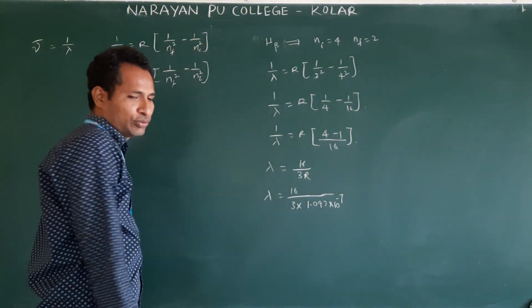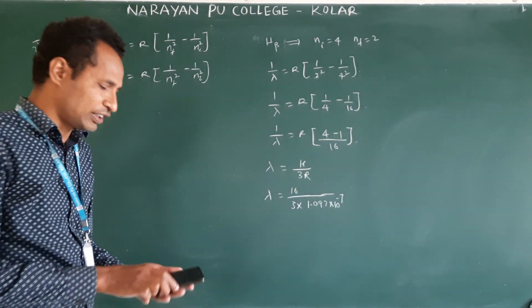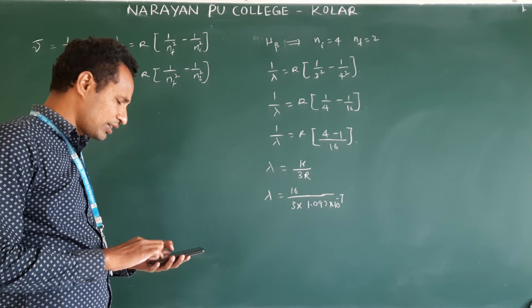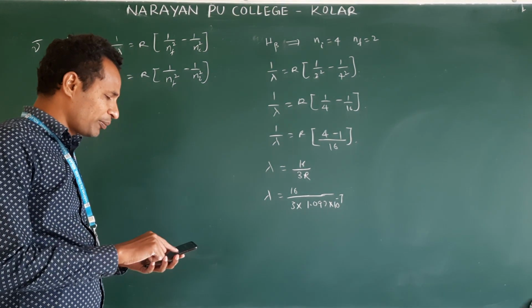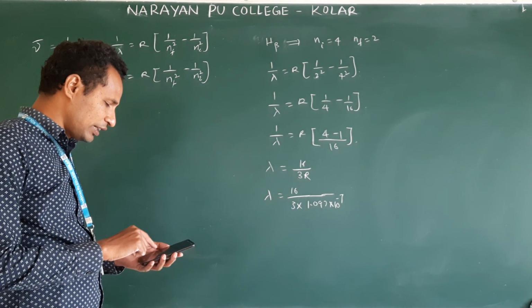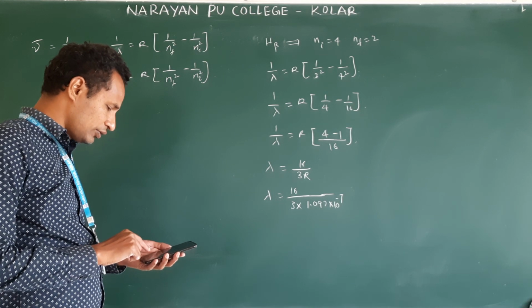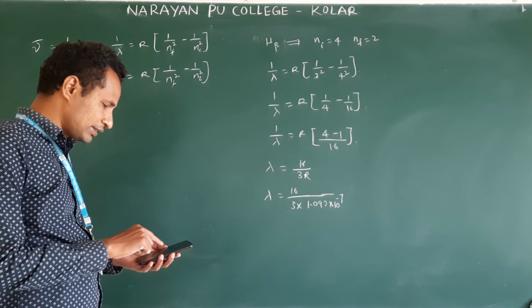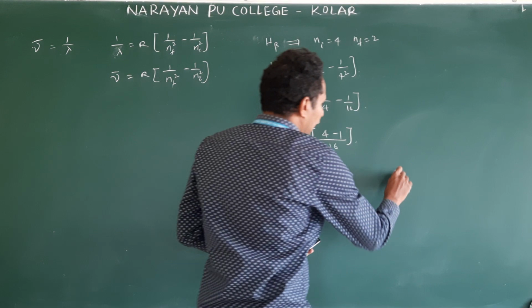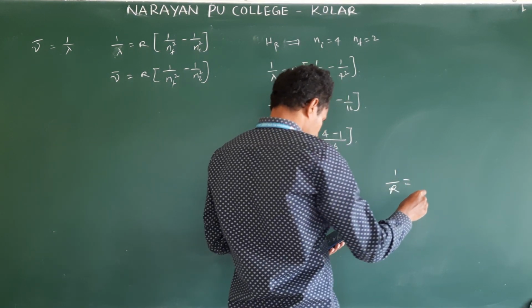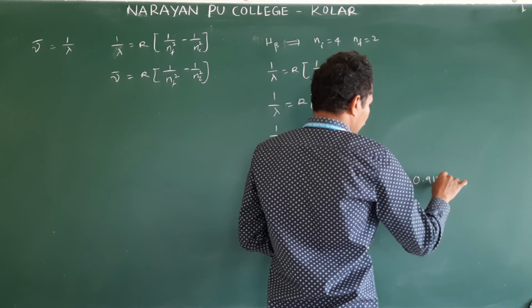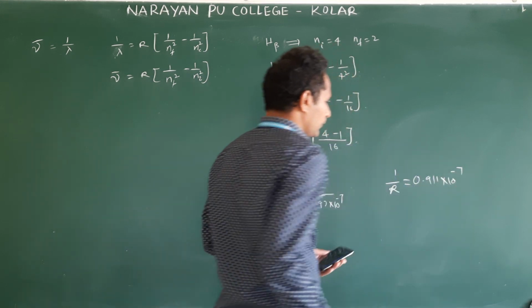In each case we do not substitute every time, it's a difficult problem. We will make it easy: we will use the 1 by R value. So 1 divided by 1.097 is the 1 by R value, remember: 0.911 into 10 power minus 7. It's very simple.